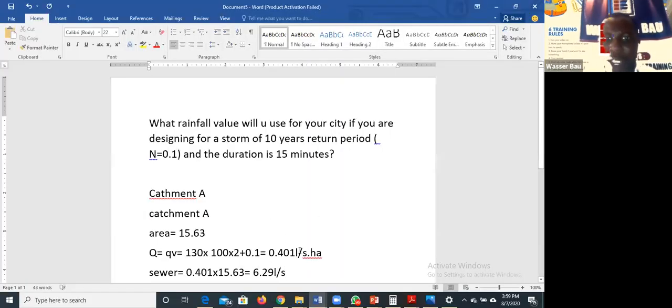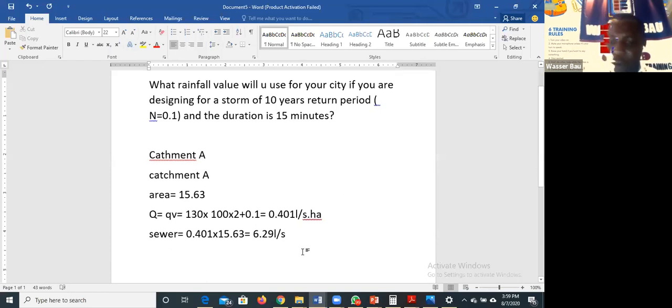So from catchment A, this is what we have in catchment A. Therefore, from the chart, we now read 6.27 against 5 per thousand.